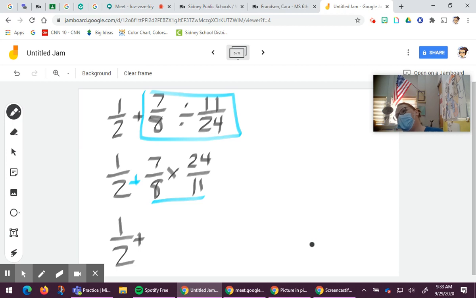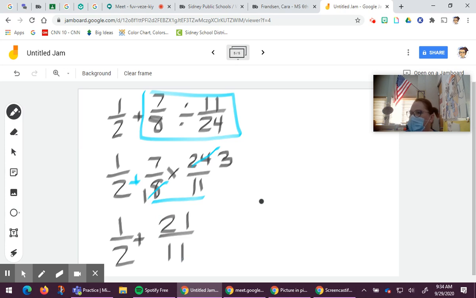Is 24 divisible by 8? Yes. So let's go ahead and just do that. Let's divide those puppies. Okay, they're not actual puppies, they're numbers. I'm sorry. 24 turns into a 3. 8 goes into 24 3 times. 8 goes into 8 1 time. Okay. So now I have 21 over 11.